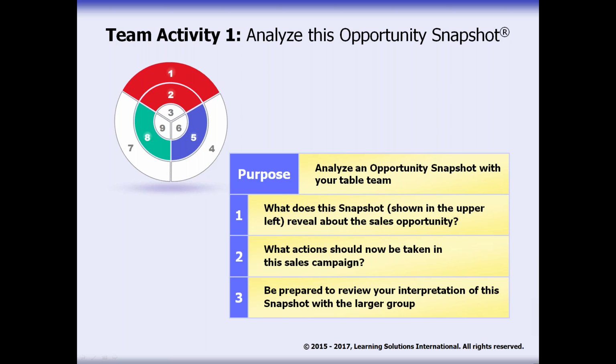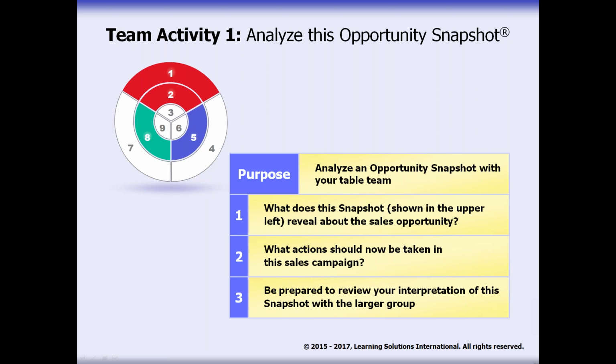Number 3 is not colored in. We appear to have the sales and implementation resources for this particular project, criteria number 5, but we have not yet identified and articulated the specific business value of our solution.